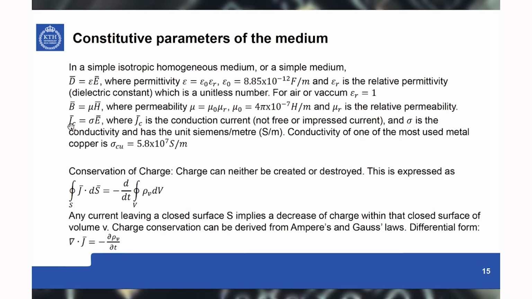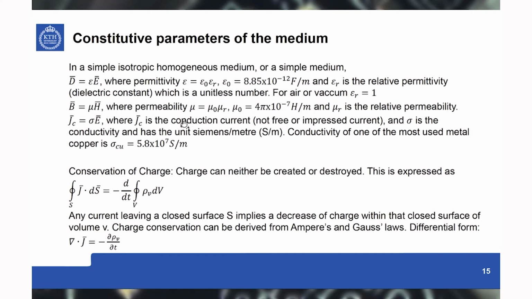And we can define the conduction current, vector J, equal to conductivity times E. These are not the free or impressed currents given externally.